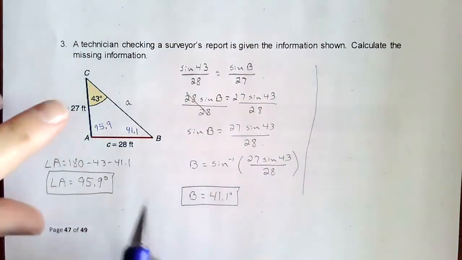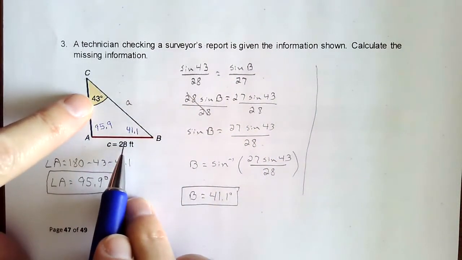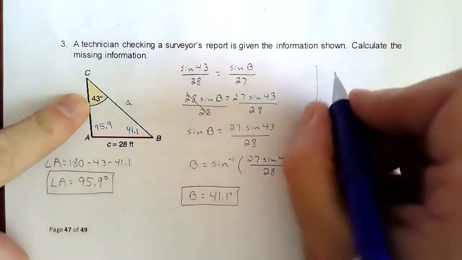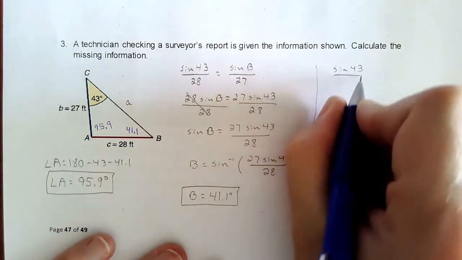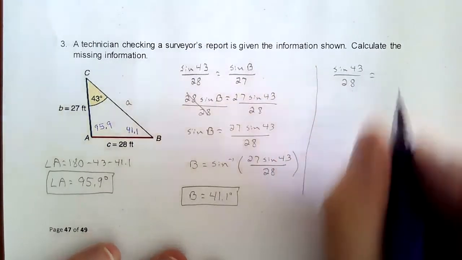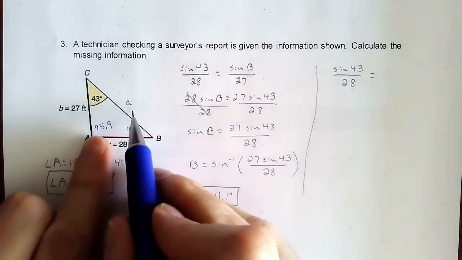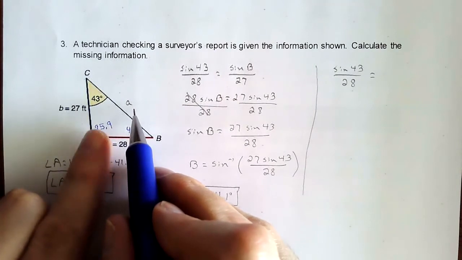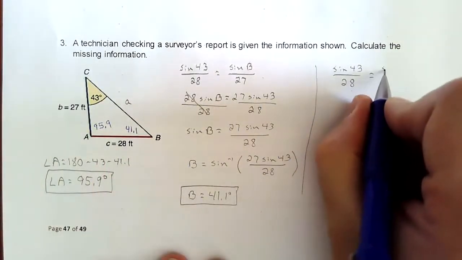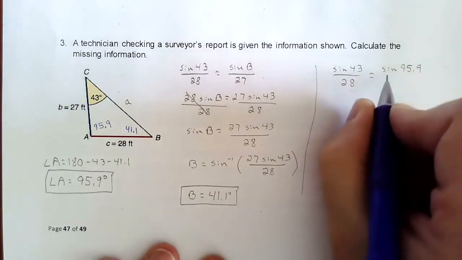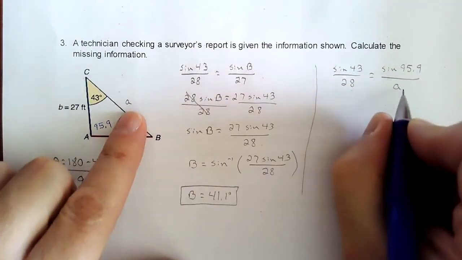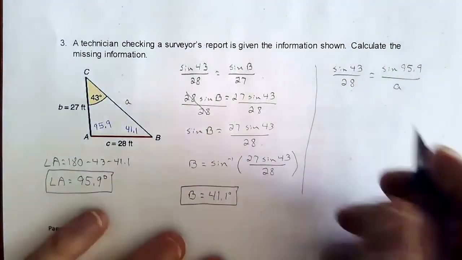So let me go back to my original fraction that I knew: sine of 43 over 28. And then I'm going to set up another one, but this time I'm going to be working with this relationship here. So it's sine of 95.9 over side A. Then I can cross multiply.